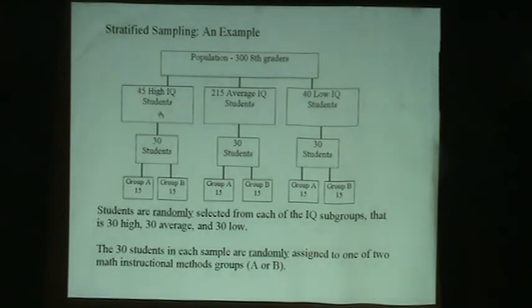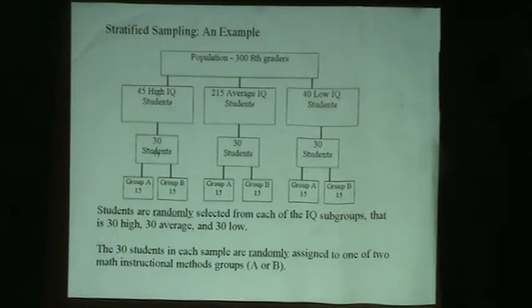We randomly select 30 students from the 45 high IQ, we randomly select 30 students from the 215 average IQ, and we randomly select 30 students from the 40 low IQ students. So we've randomly selected 30 students from each group. That gives us our 90.